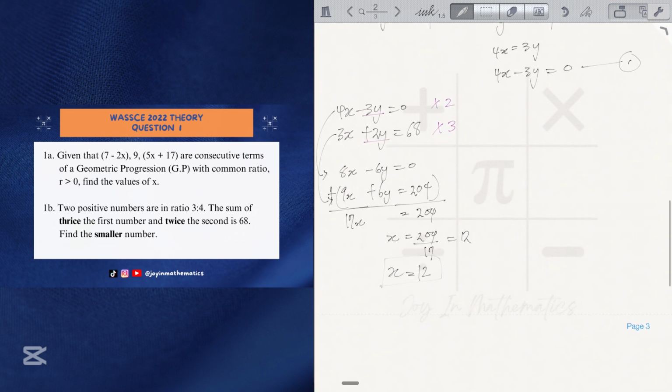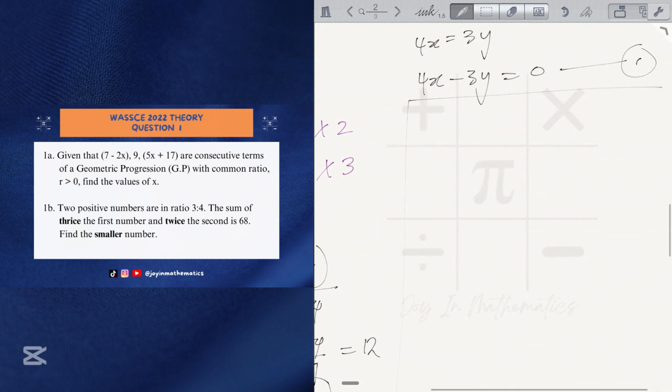Now we can go back to equation 1 and find y. From equation 1, we have 4x minus 3y is equal to 0.